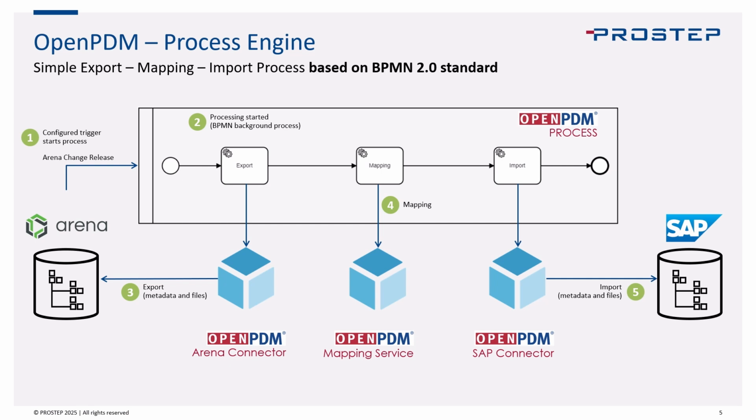It'll then export the data from the Arena connector with the mapping service, map the data from Arena to SAP in an internal OpenPDM data format, and then import the data through SAP. So each of these different processes has some configurations to be able to tune it to your specific business needs, supporting attributes and different types and subtypes that are required for your specific processes.